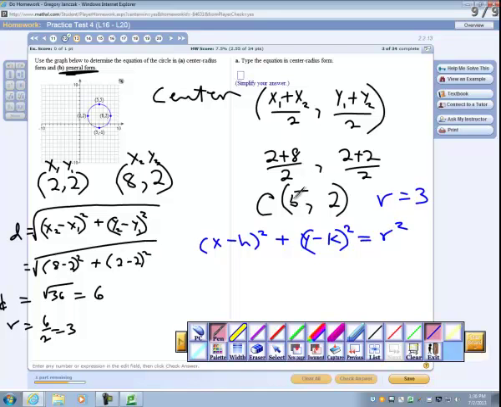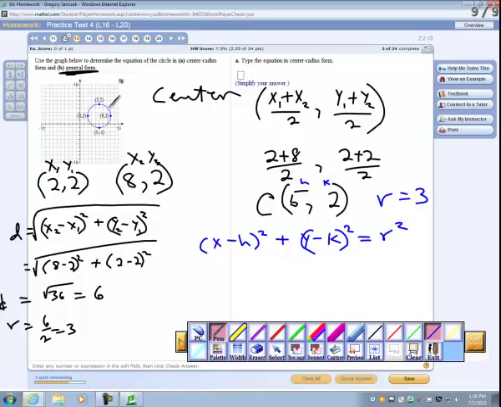And center, what is that in relation to this formula? X, y, or r, h, k? H and K, good. H, K.